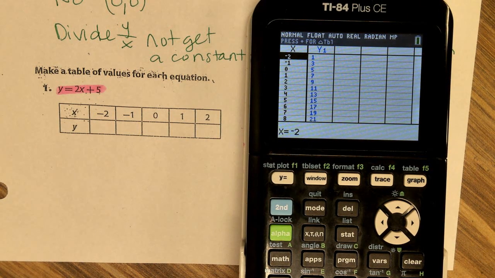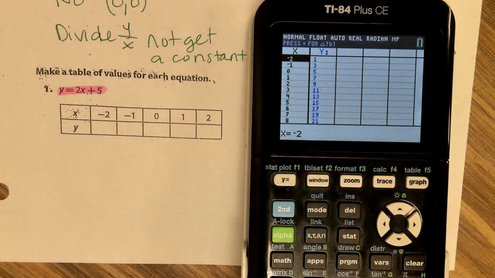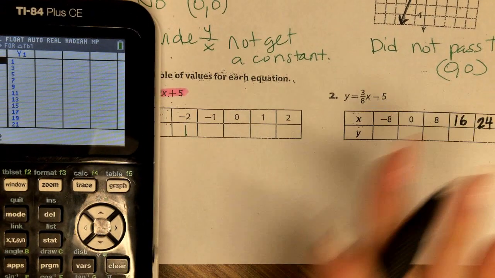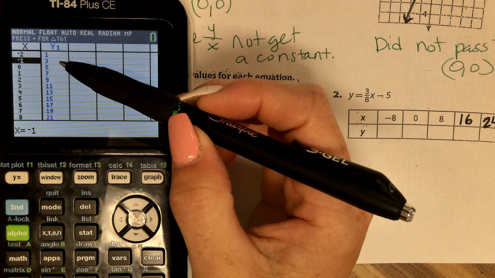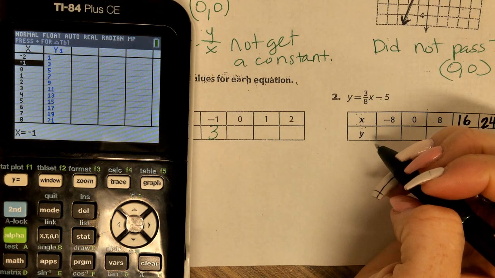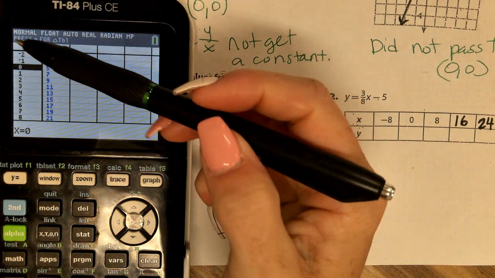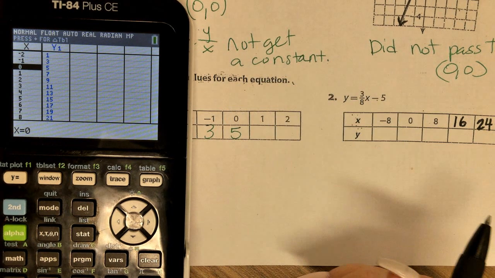Did y'all find it? What is the y when x is negative 2? 1. And you're going to write that right here. Then you're going to find when x is negative 1, what is y? 3. Does everybody understand what I'm doing? When x is 0, what is y? 5.